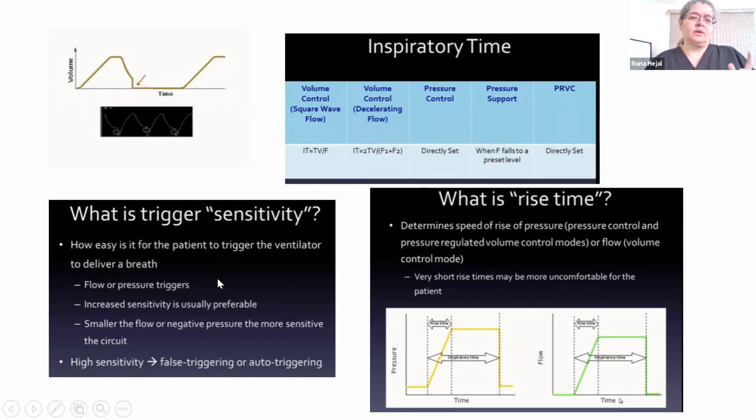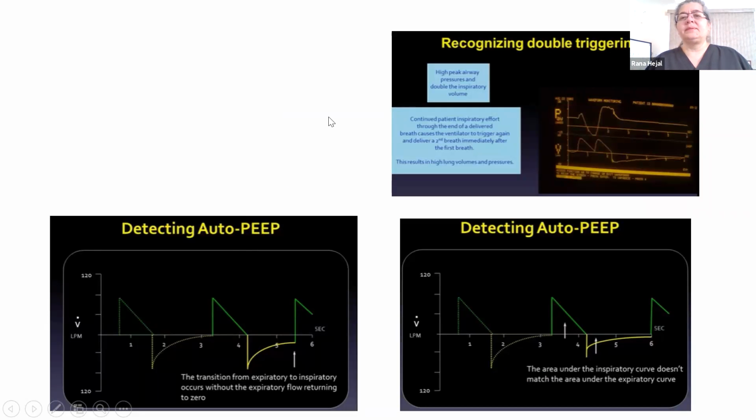Anyway, we talked about this. Auto peep is very important, you guys, and we have to pick up on it at the bedside as soon as possible. One way to pick up on it is by looking at the flow and realizing that the next breath is happening before the flow has ended. The other one, which is very important, is that the area for inspiration should be equal to the area on expiration. And what is the area?